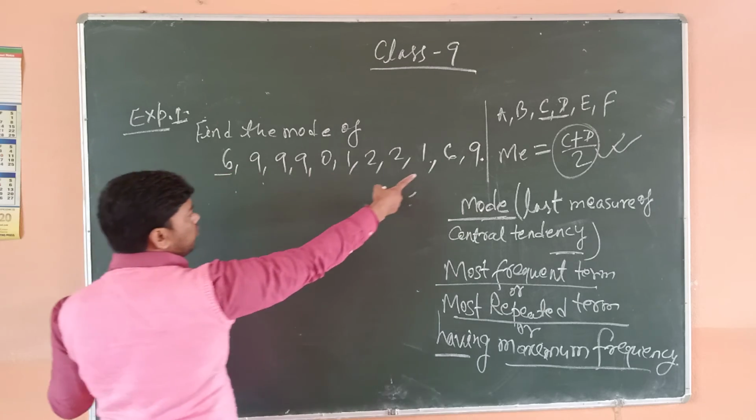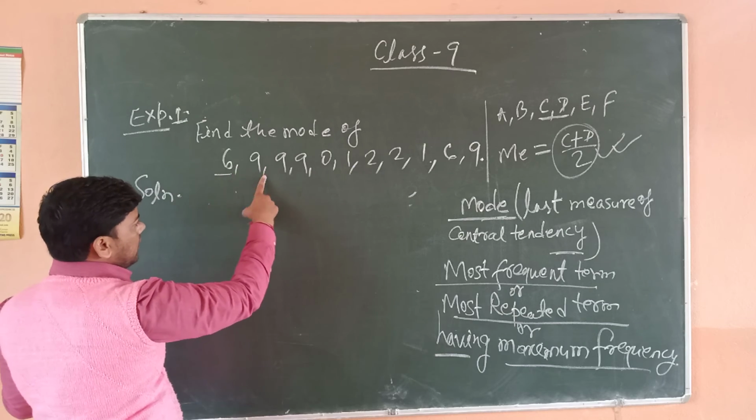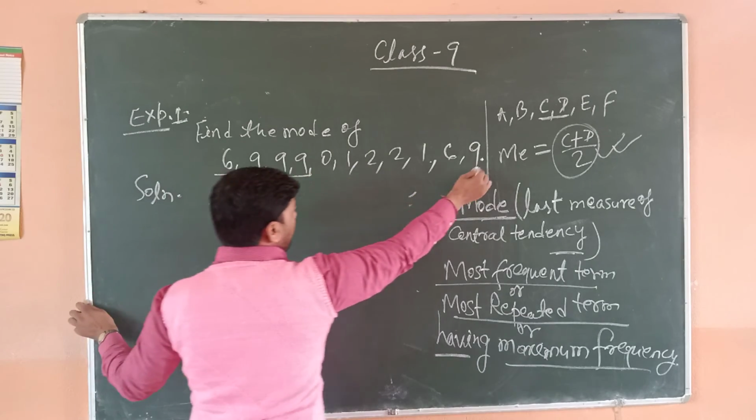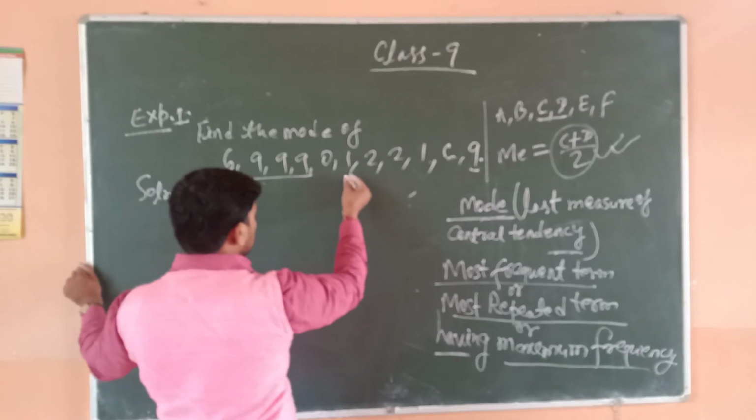Since 6 occurs 2 times, the frequency of 6 is 2. 9 occurs 4 times, the frequency of 9 is 4.